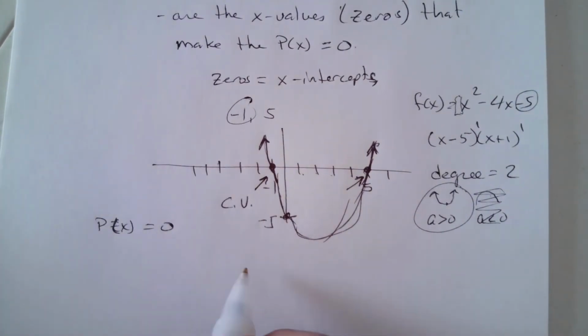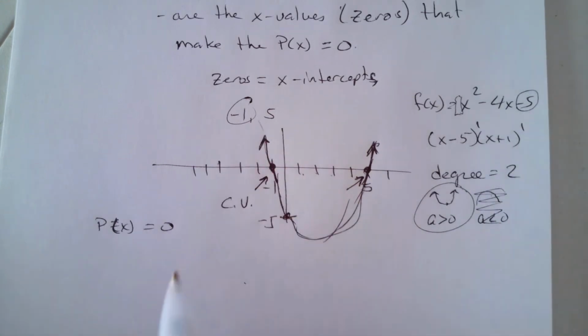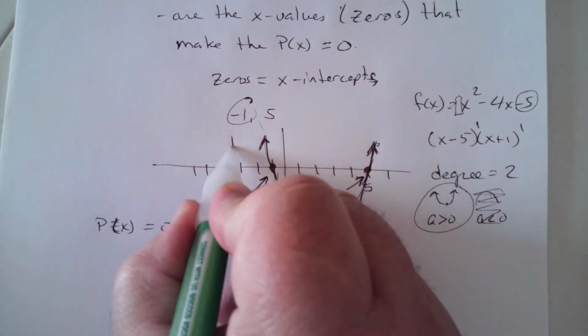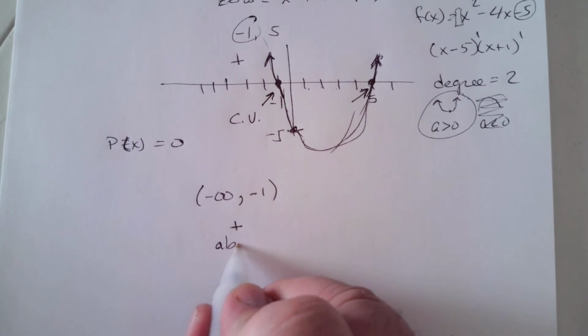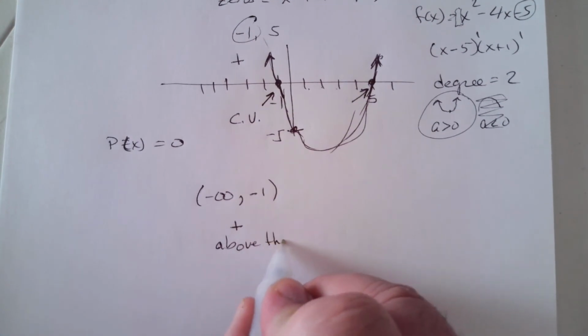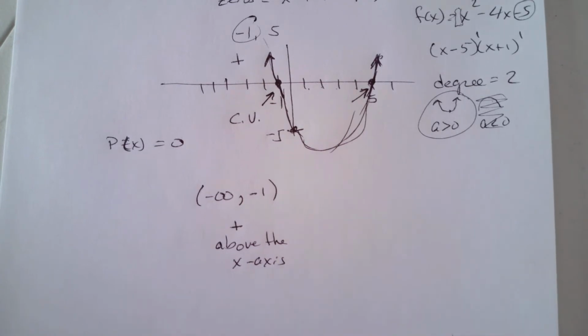To the left of -1, the graph is above 0. The graph is positive. So from -infinity to -1, the graph is positive. It's above the x-axis.